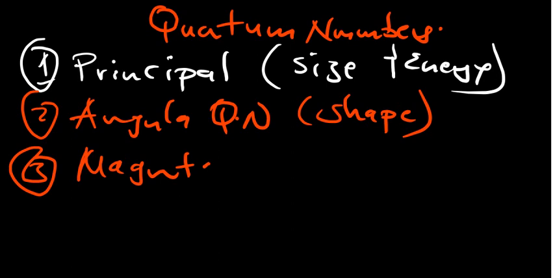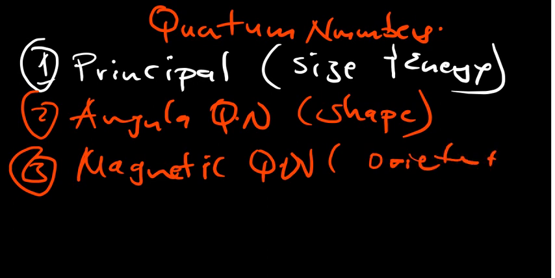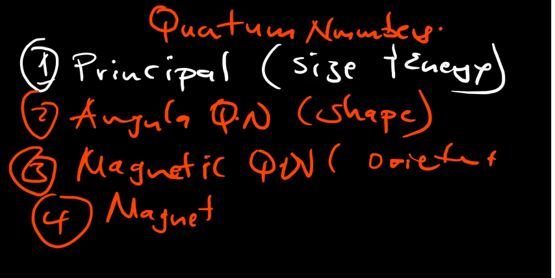Then we have the magnetic field quantum number, which represents the direction in which the electrons are projecting. So you said there are 5? Four, yeah, my bad.